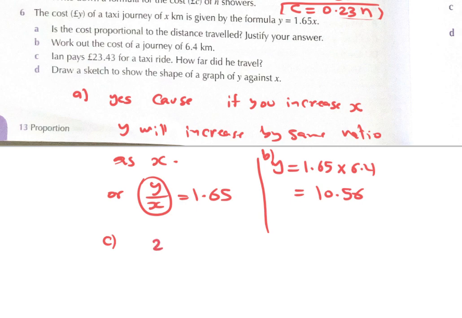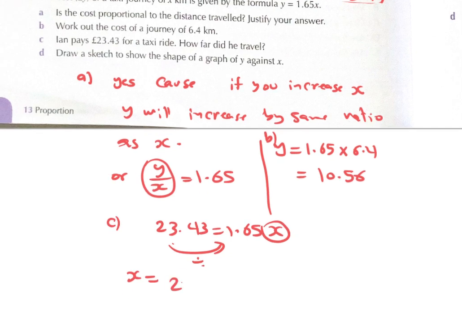23.43 equals 1.65 times x. Now to find x, divide. So x equals 23.43 divided by 1.65, which is 14.2 or 14.20.